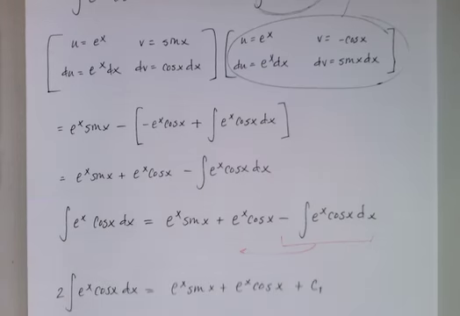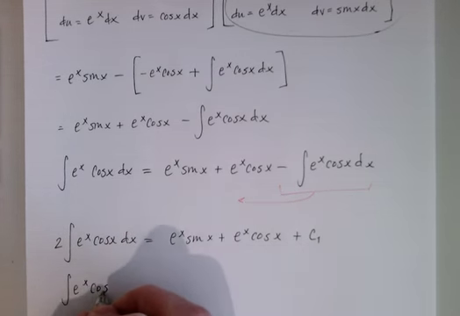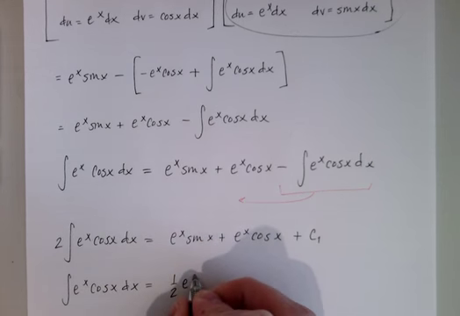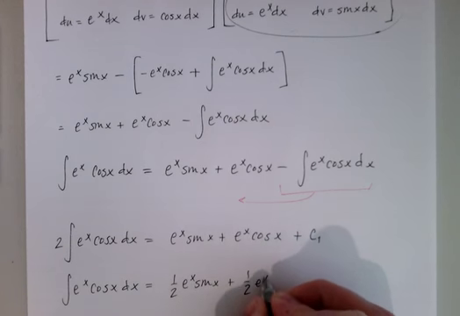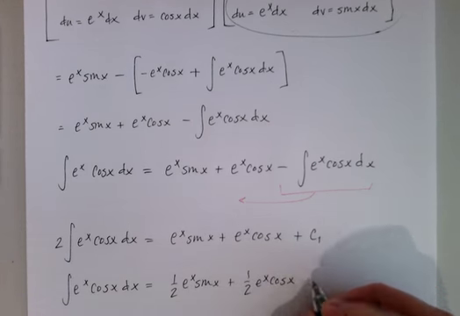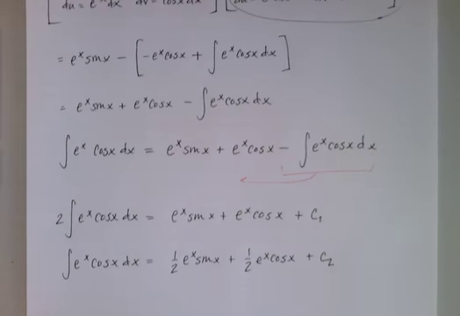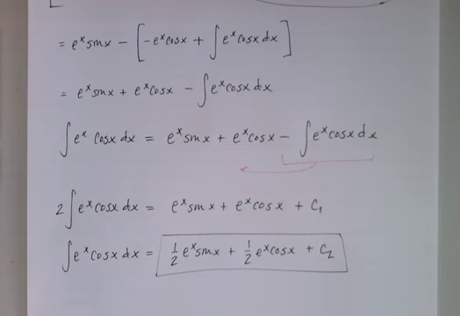We'll call it c1 because I'm about to divide by 2 and get 1/2 e to the x sine x plus 1/2 e to the x cosine x plus, and we'll call it c2 since it's still a constant, just a different one from the step before. How's that for a creative way to do it? And that is equal to the integral.